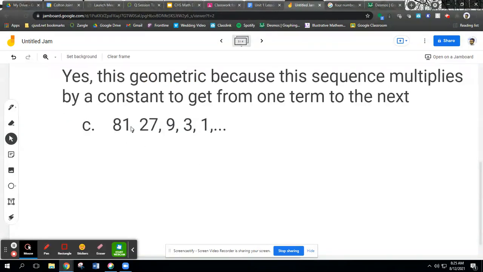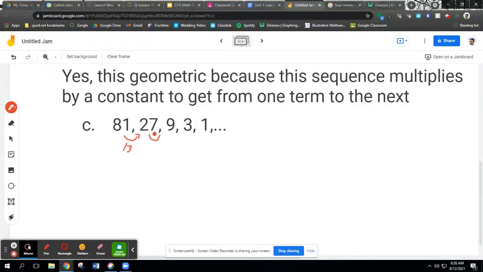All right, let's look at this last one here. 81, 27, 9, 3, 1. We've got to think multiplication here. I can't really multiply by a whole number to get from 81 to 27 because it's getting smaller. So our instinct here would be to realize that this is dividing. If I divide 81 by 3, that gets us 27.